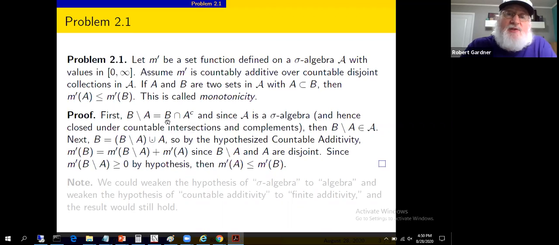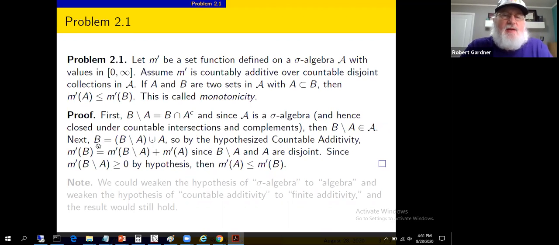B is in the sigma algebra, so B intersect A complement is also in the sigma algebra because sigma algebras are closed under intersections, actually closed under countable intersections. We'll make a comment: we don't need this sigma part, it turns out, for this argument. So B set minus A is an element of that sigma algebra. I'm very conscious of which sets are in the sigma algebras and which aren't. That'll play a big role when we look at which sets are Lebesgue measurable and which might not be.